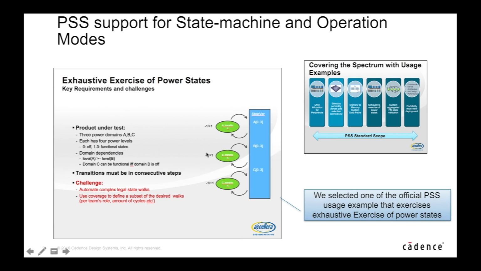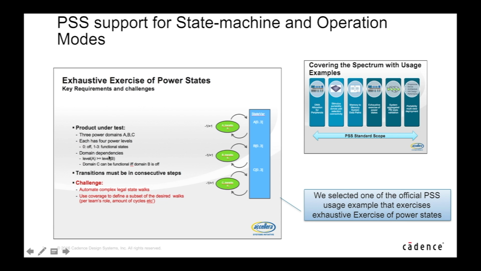You can traverse the states. You can only go one step up or down, consecutive steps, but as you do so, you need to follow some rules. First, level A must always be greater than or equal to level B. Domain C can be in functional mode only if domain B is off.